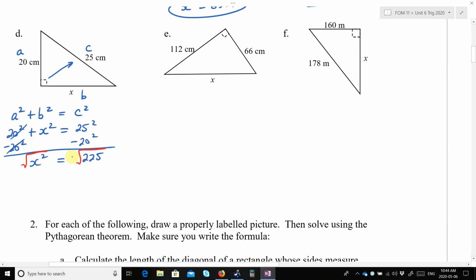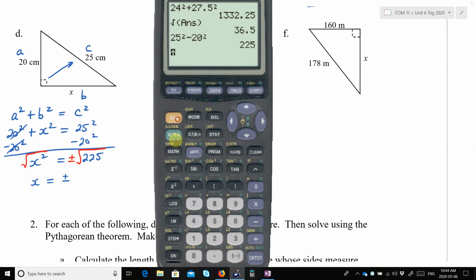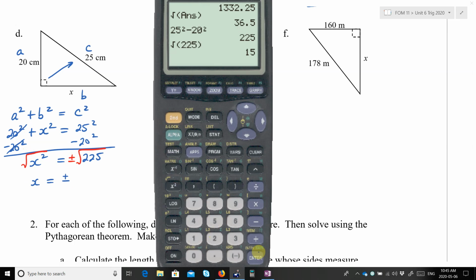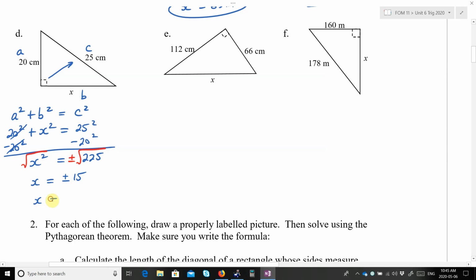Square root, plus or minus. So we get X equals plus or minus the square root of 225, which is plus or minus 15. So X is equal to 15 centimeters. And 1D is looking good there.